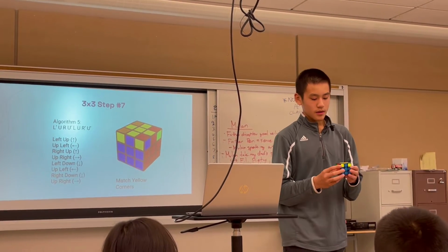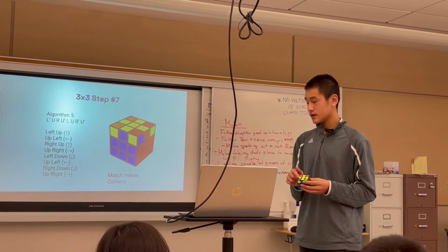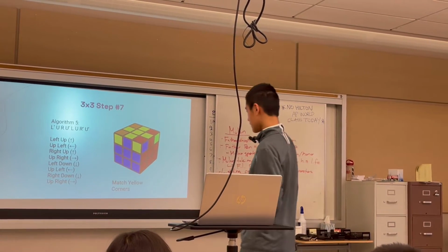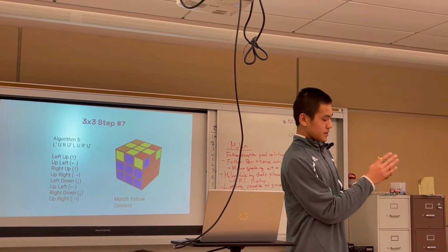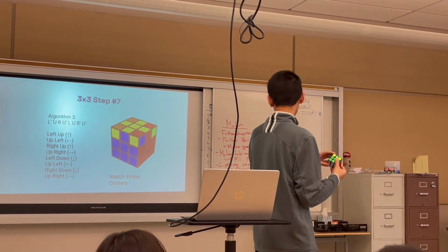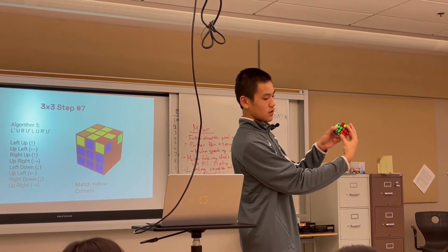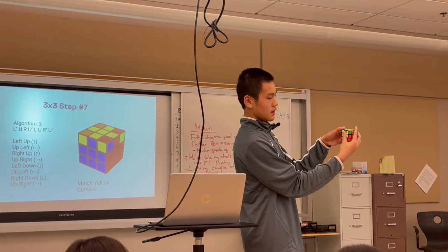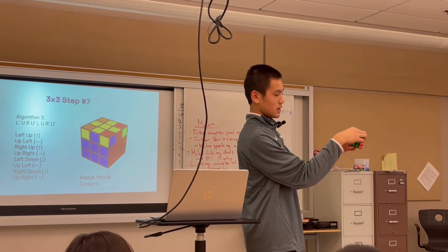Here we have one in the correct spot, so we want to put this facing us and on the right. Then we can perform algorithm 5, which is left up left, right up right, left down, up to the left, right down, and up right.